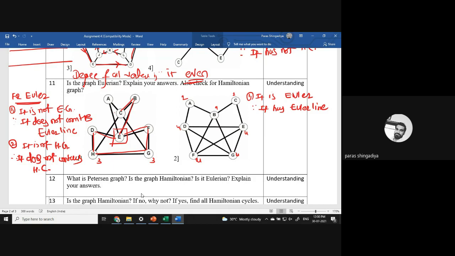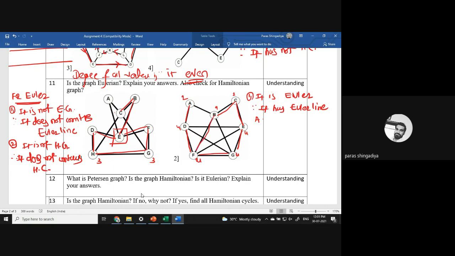Which Euler line? Now we will write. So we'll consider A to D. We can also consider here A, D, F, E, G, and after E, C, and B. Now from B, cover the inside edges.